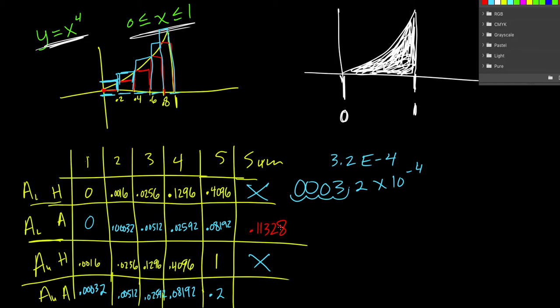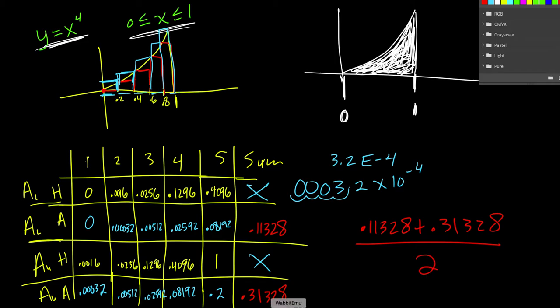And down here, we would just add 0.2 to that. So it's going to be 0.31328. And if we wanted to find a little bit better estimate for that, we would do 0.11328 plus 0.31328. Divide that by 2.